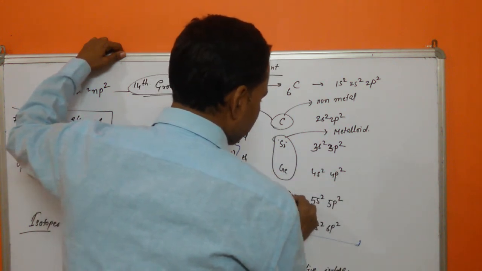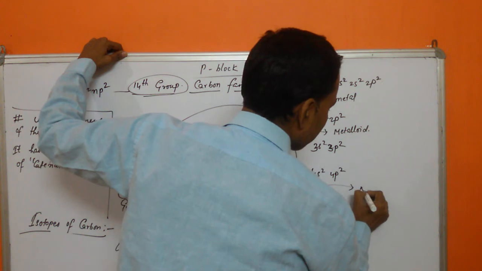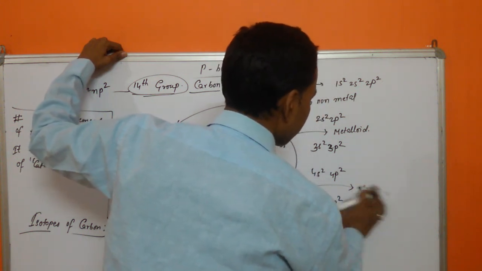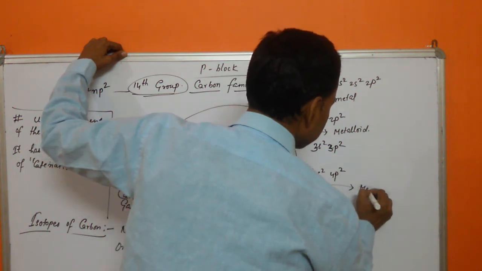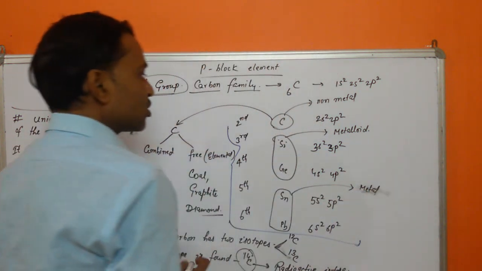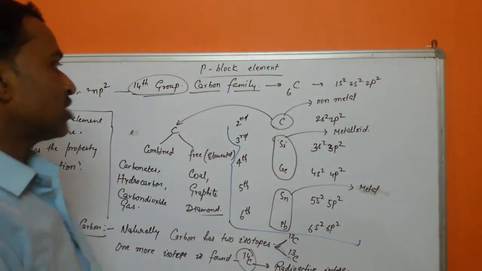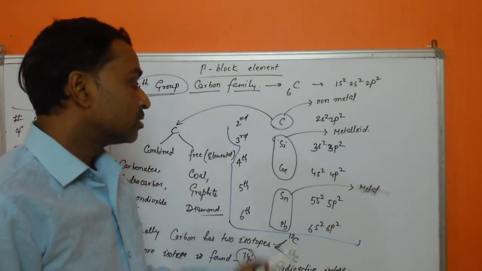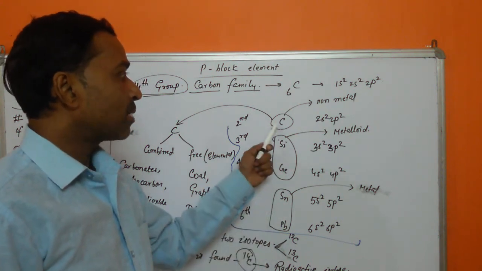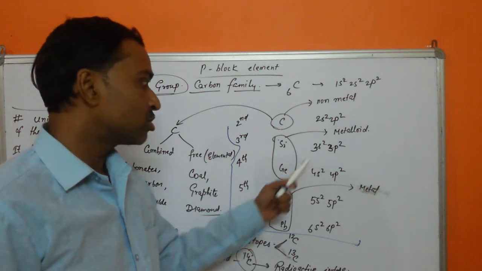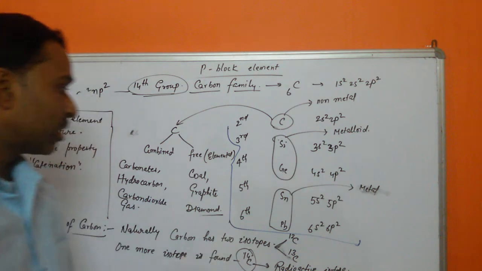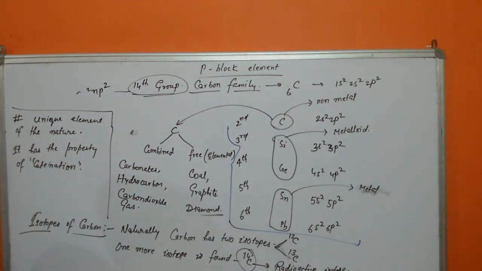Tin and lead are both metals. So there are three categories: non-metal, metalloid and metal, in which carbon is a non-metal, silicon and germanium are metalloids, whereas tin and lead are metals. Copy it now and we will discuss the characteristics of all these elements deeply.